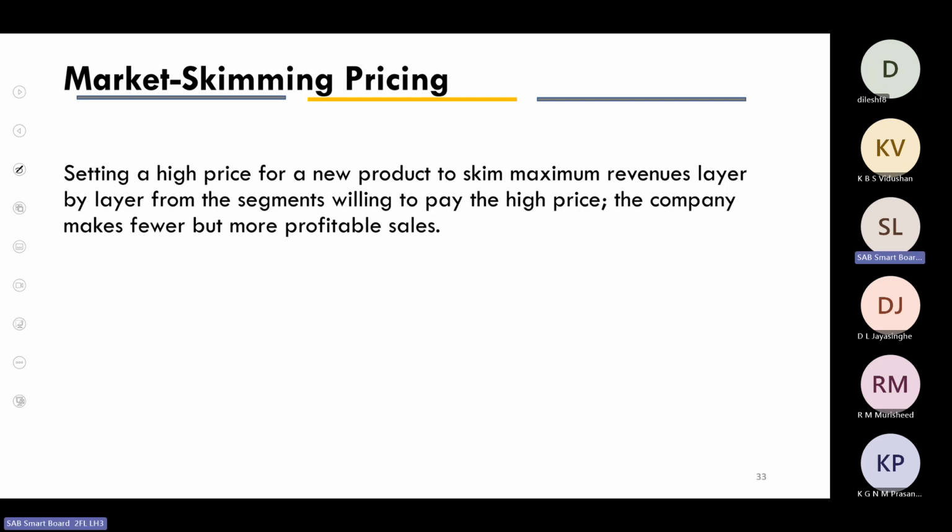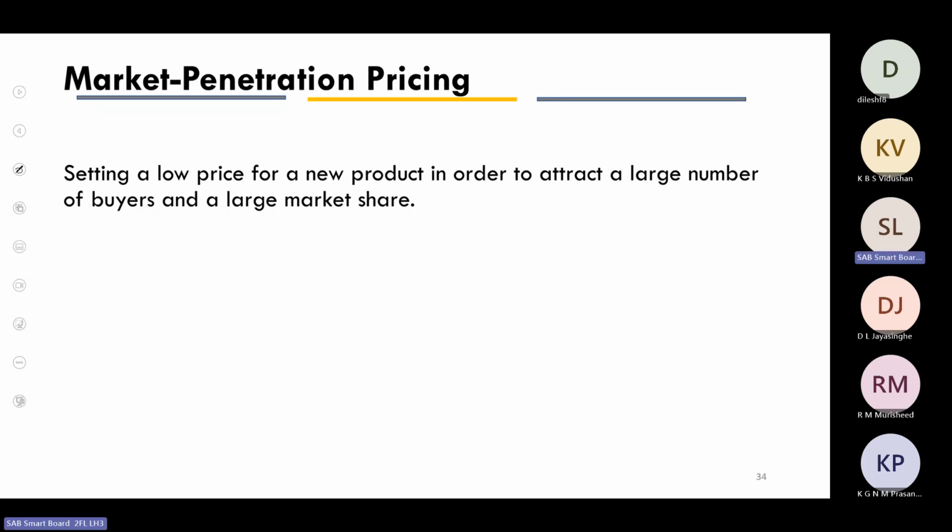The company makes fewer but more profitable sales. Then penetration: setting a low price for a new product in order to attract a large number of buyers and a large market share. By setting a low price, the companies can attract more customers and go for a large market share.